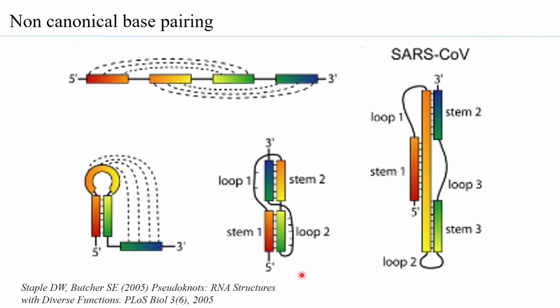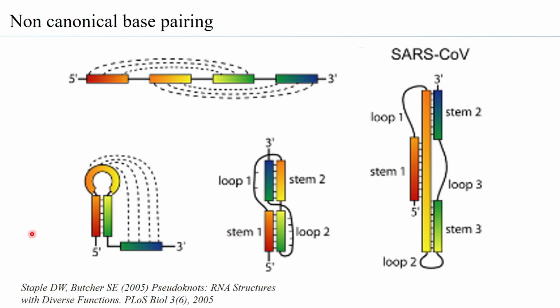For example, self-splicing introns have a pseudoknot region, and that region is responsible for the actual splicing mechanism. The transesterification reaction that happens is because of the pseudoknot formation.